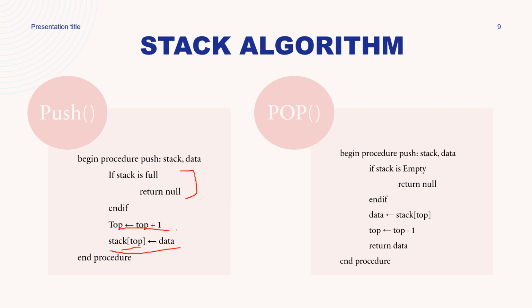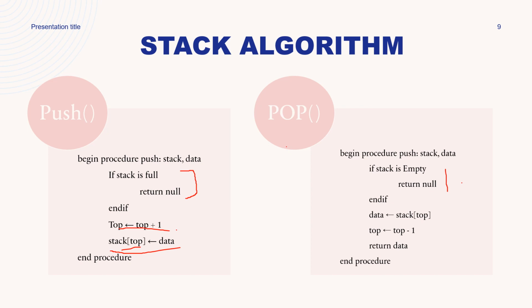Then the pop operation. Before popping the element from the stack, we need to first check whether the stack is already empty or not. If it is empty, then return null, because if we pop an element from an empty stack, it will produce the underflow condition.